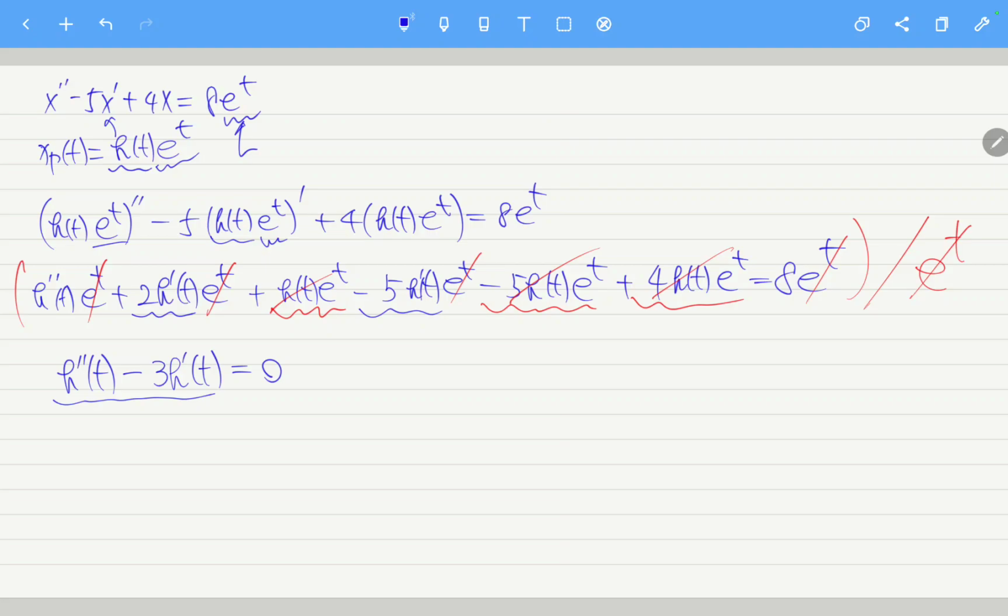Okay, so here if we try to solve it, h double prime of t becomes s squared, and this one becomes 3s equals 0, which means that s equals 0 or 3, which means that for this one h of t should be a times e to the 0t plus b times e to the 3t, like this.